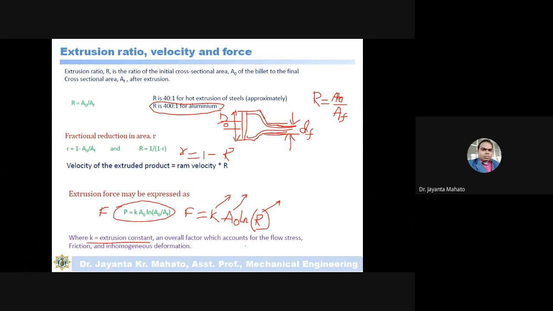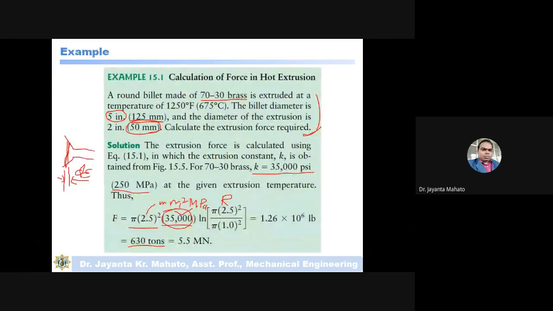Okay, this is a simple formula. So just remember this formula. From this formula, you can solve problems, and the problems will be simpler, not hard ones.